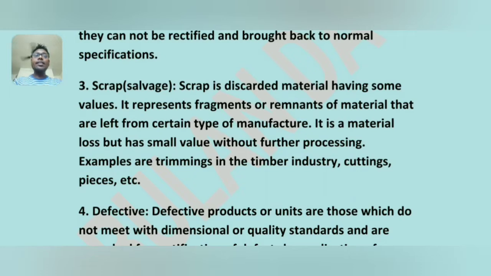It represents fragments or remnants of material that are left from certain types of manufacture. It is a material loss but has small value without further processing. Examples are trimmings in the timber industry, cuttings, pieces, etc.